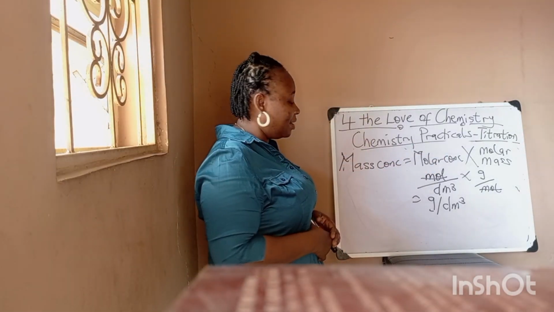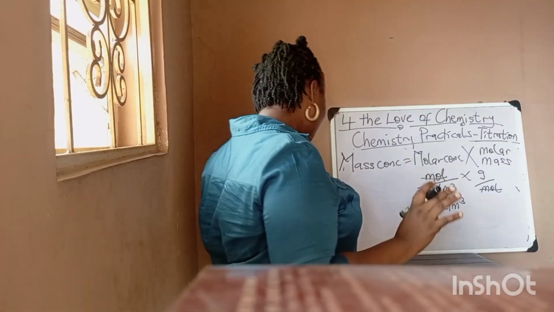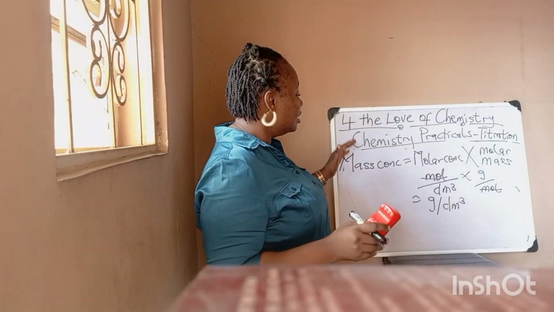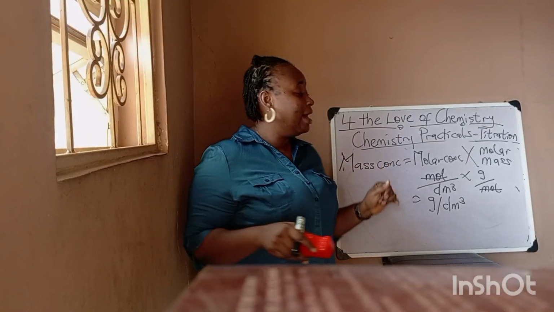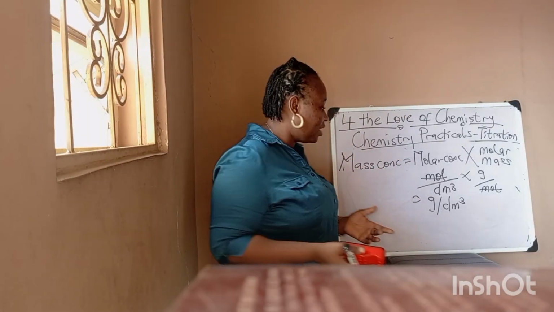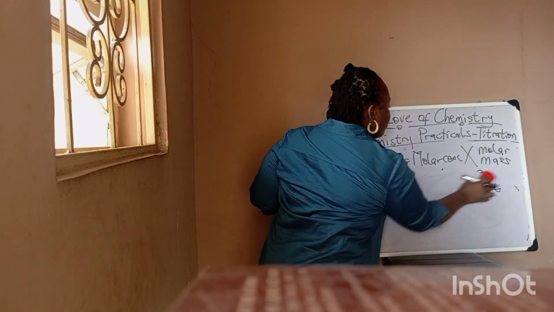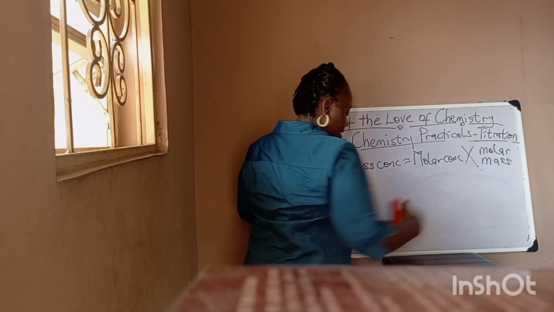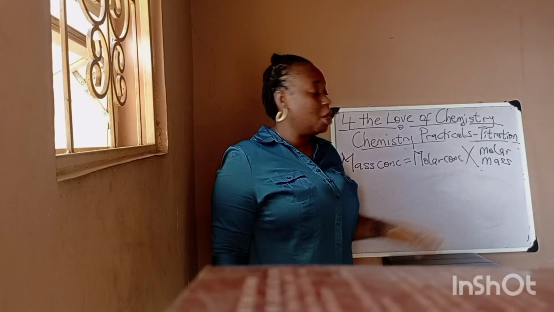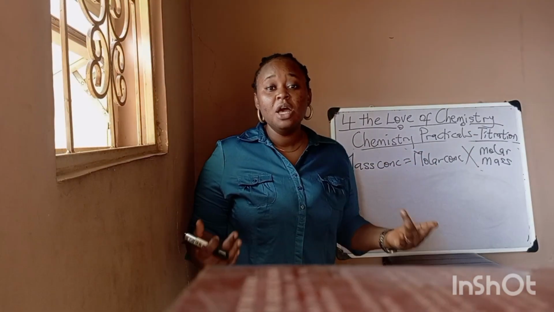Alright, so that's a little bit of the hack that you will use to always remember the units and also remember the formula in case you forget. From here we can make either molar concentration or molar mass the subject of the formula.